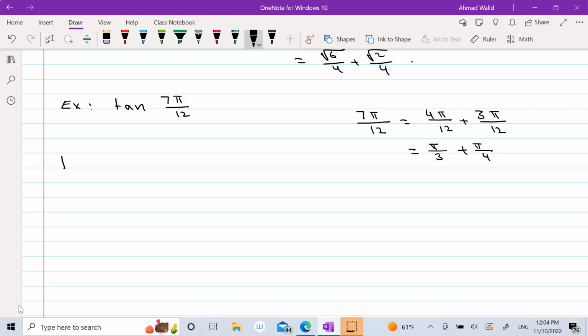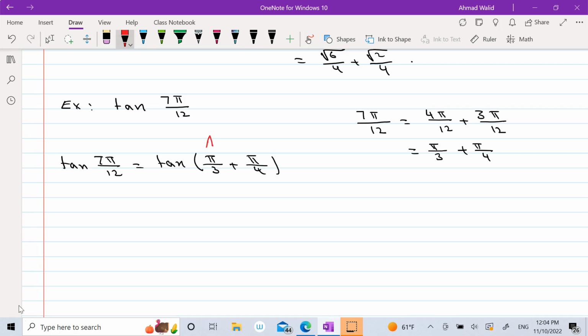Then I can rewrite tangent of 7 pi over 12 as the tangent of pi over 3 plus pi over 4.